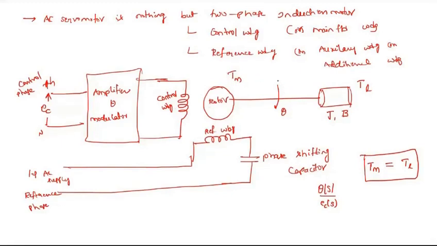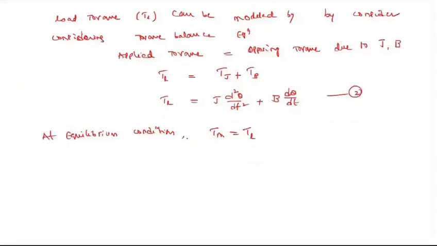So to get the transfer function, we equate the torque developed by the motor to the load torque. That's why I have written at equilibrium condition Tm equals TL. We know that Tm is K1 into EC minus K2 into d theta by dt, and TL is J into d square theta by dt square plus B into d theta by dt.